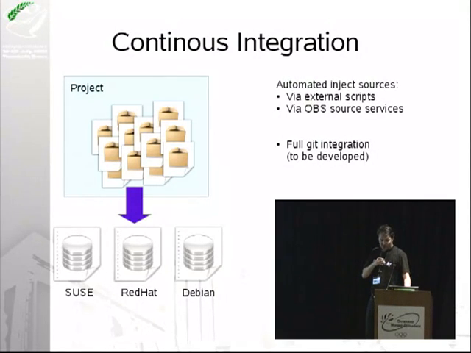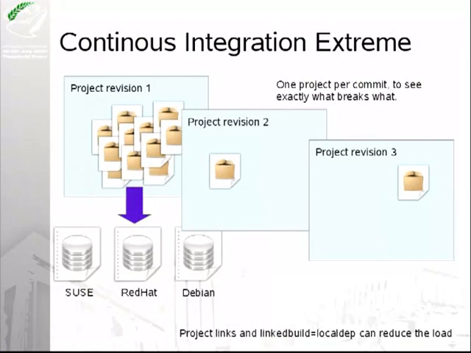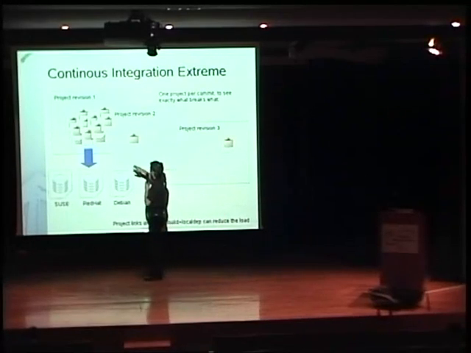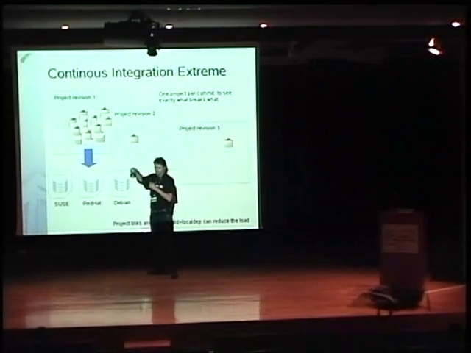So back to this example, what this extreme company does, it sets up projects on top of it, and the nice thing of the build service is that you can reuse resources. So you can say, this project takes all these packages, but I replace this one.